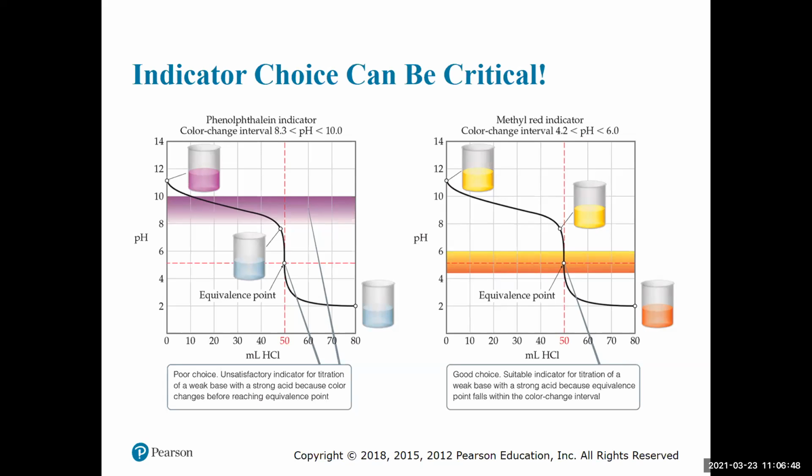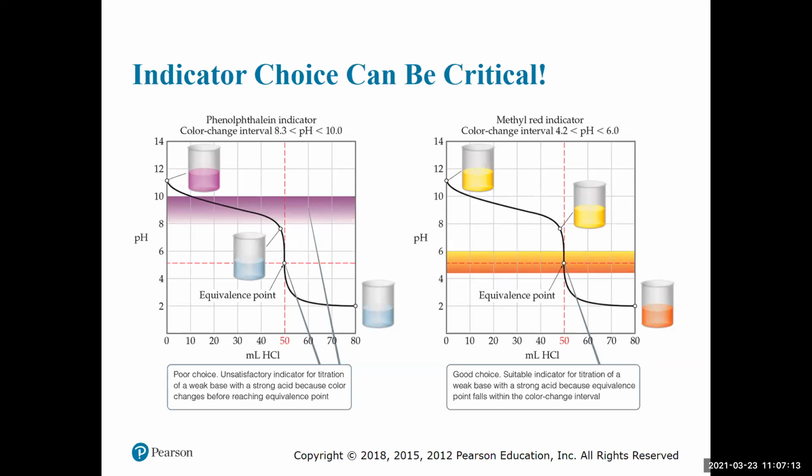Now, this other indicator is called methyl red, and it's saying that color changes between 4.2 and 6. So we see there that equivalence point being around 5 is right in the middle of 4.2 to 6. So that tells us this is a reasonable indicator to use for that.